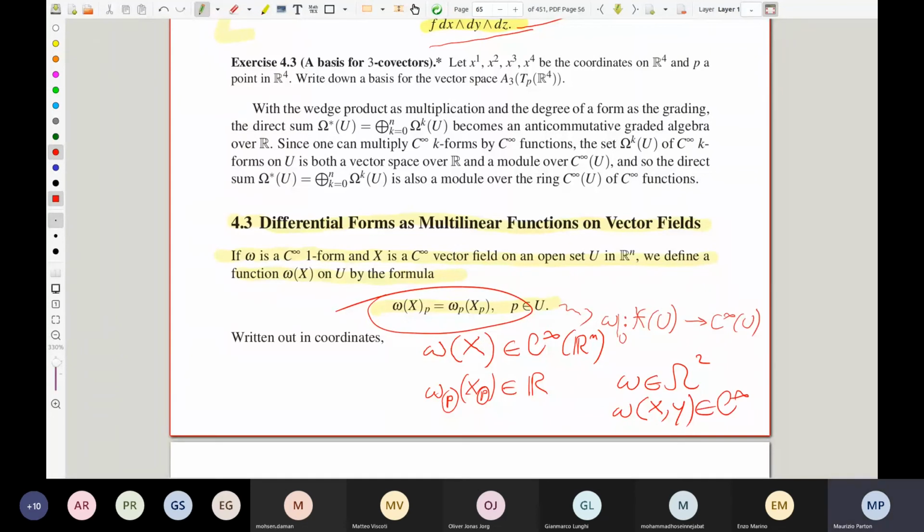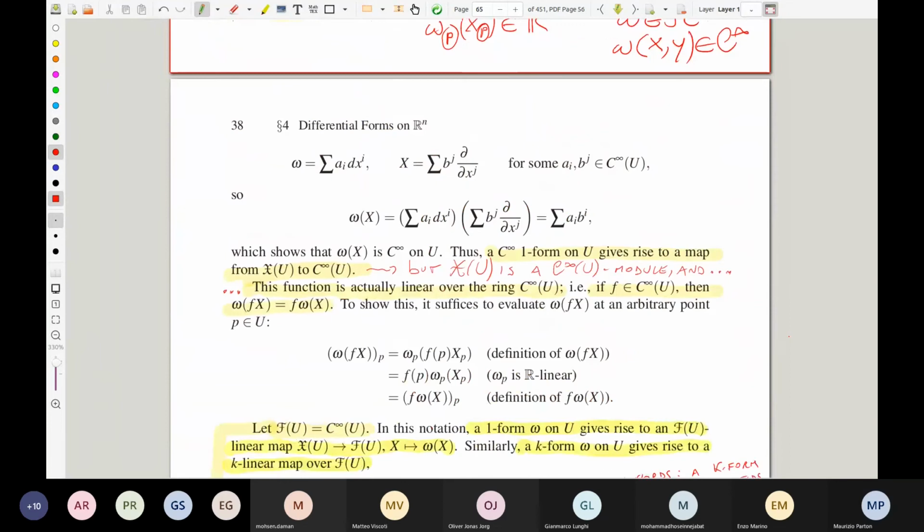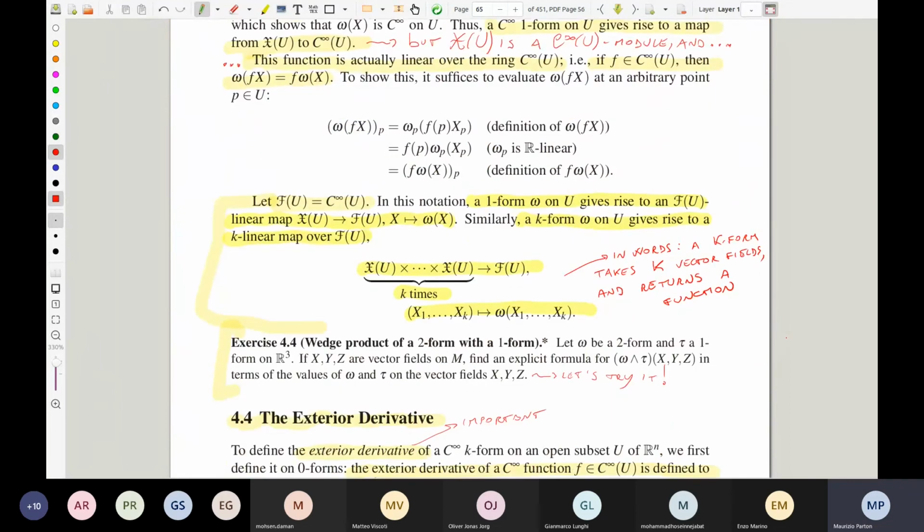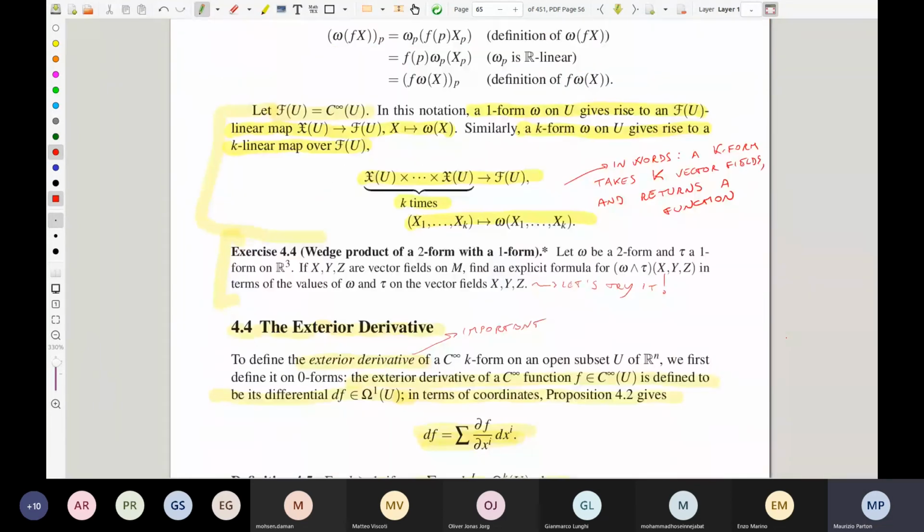Three-forms take three vector fields as their food, and so on. This is the notion of tensors. In words, a k-form takes k vector fields and returns a function.